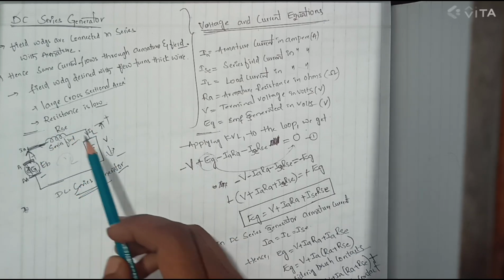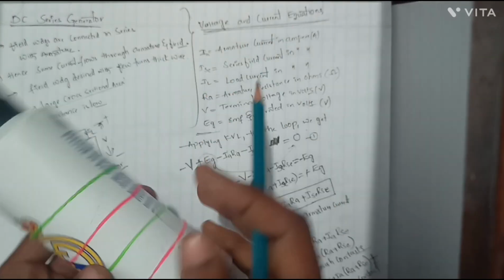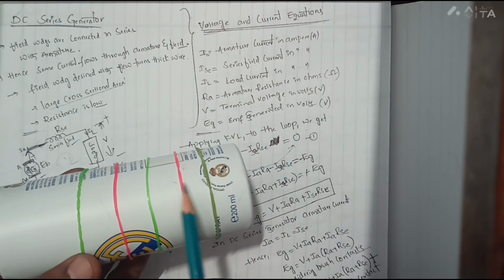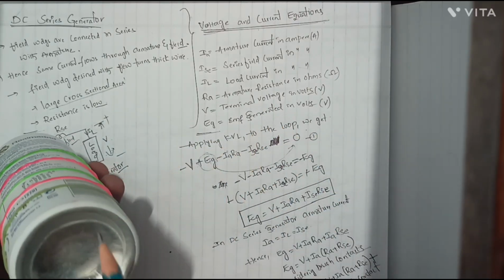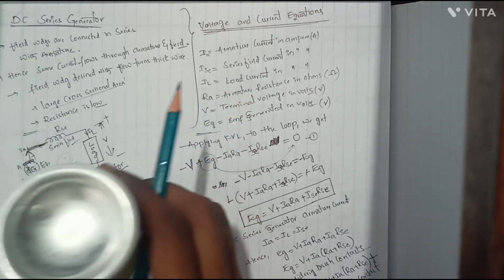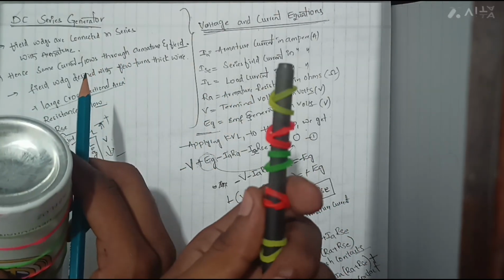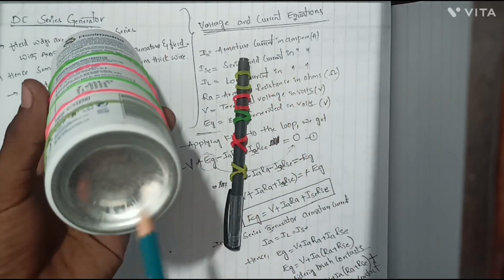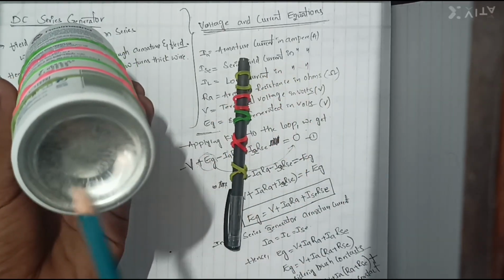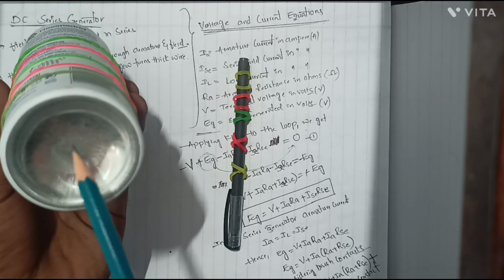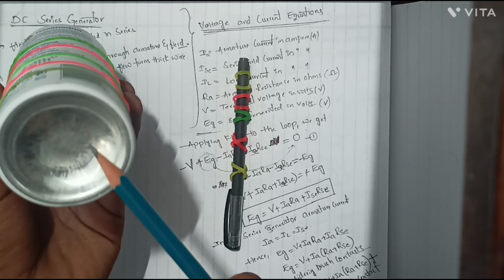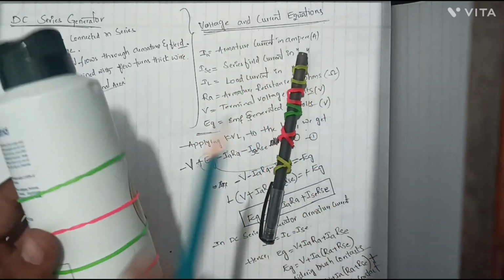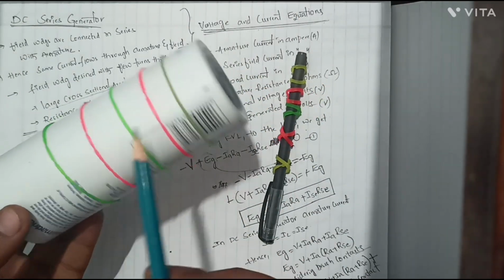Take a winding with few turns that is thick, with more cross-sectional area. If the wire is thin, the cross-sectional area is very small. With more cross-sectional area, the flow of electrons is more, and the flow of electrons is nothing but current. So the resistance is very low compared to the DC shunt generator, because it is thick wire.